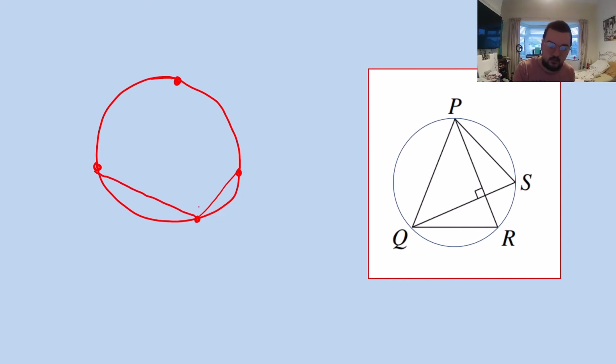So we're going to do a line connecting these 2, and a line connecting these 2. What the circle theorem says is that these 2 angles are the same, and these 2 angles are the same.